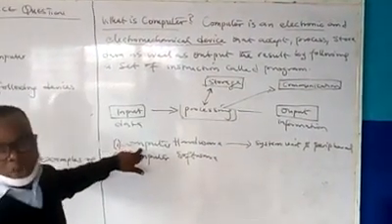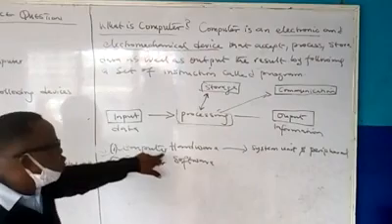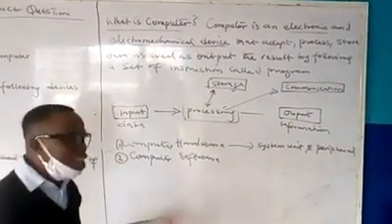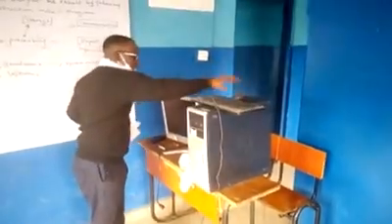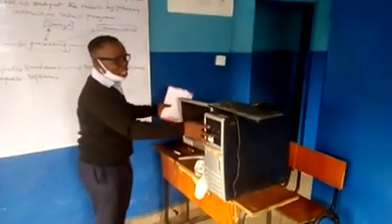The computer hardware. The computer hardware is the part you can feel, touch, just like this one. This is the system unit, this is the keyboard, this is the mouse, and this is the monitor. Right? I brought those three objects so that when you see them, you can picture it.